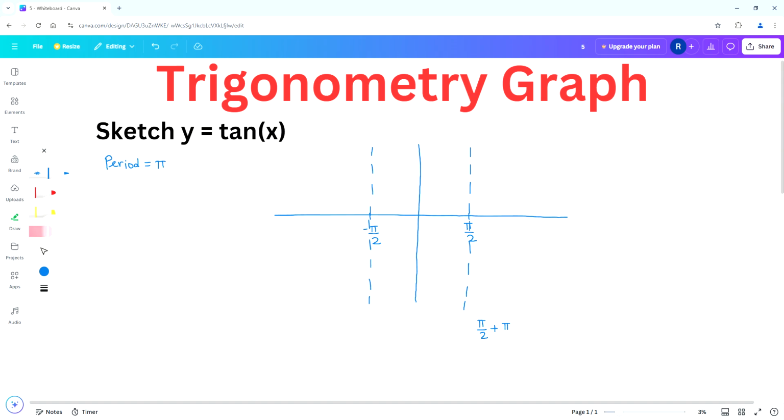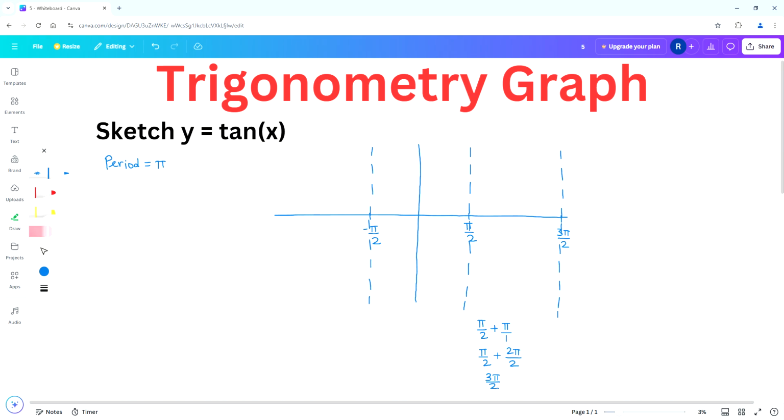The denominator of pi is 1, the common denominator is 2, I get 3 pi over 2. This is how we can find vertical asymptotes on the positive side of the x-axis.